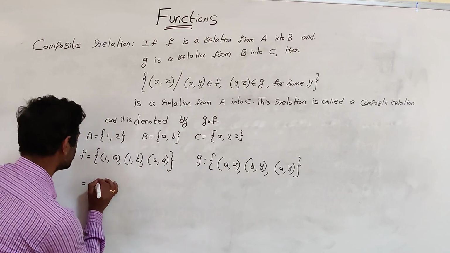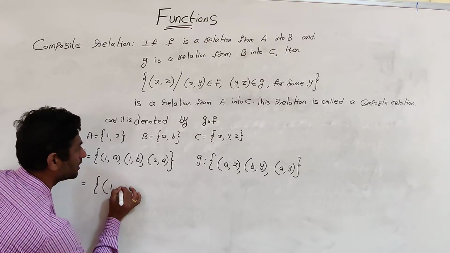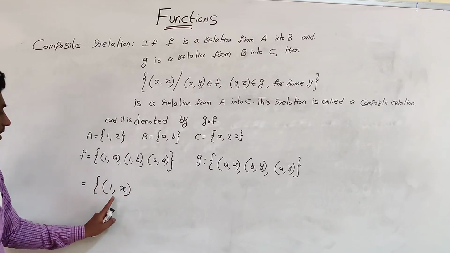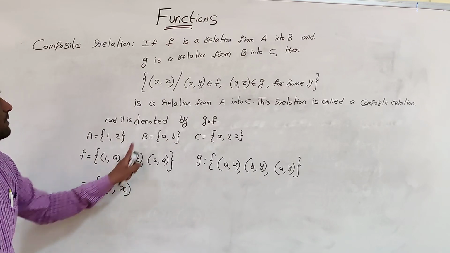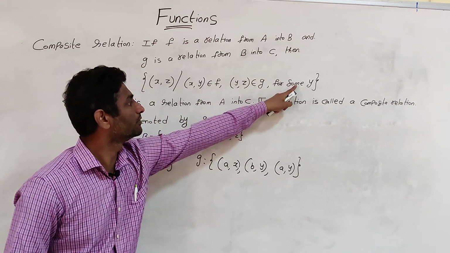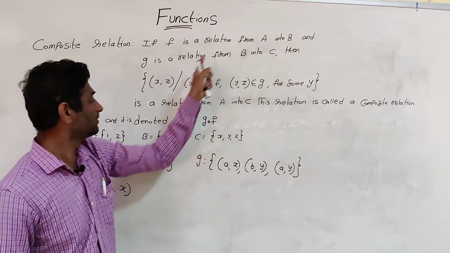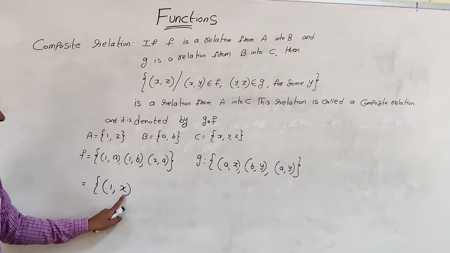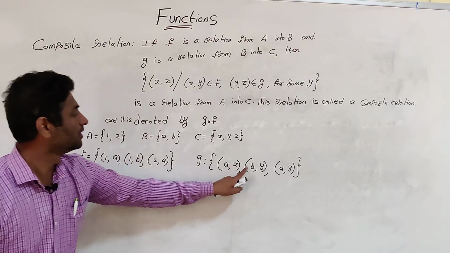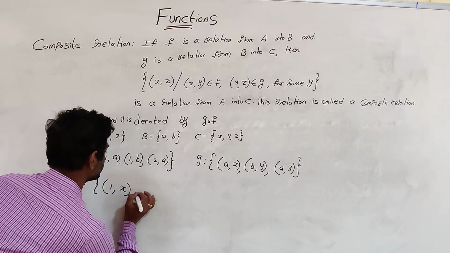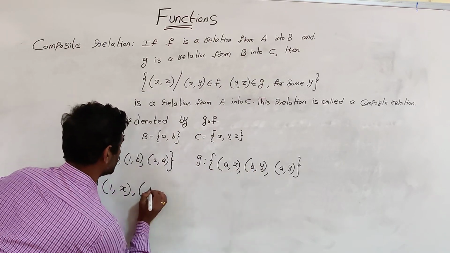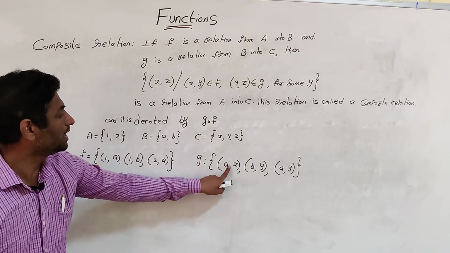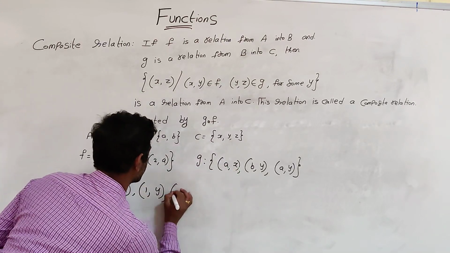So we can have (1, x). (1, a), (a, x) gives (1, x), for some a belongs to set B. Then (1, b), (b, y) gives (1, y). Then (2, a), (a, x) gives (2, x).